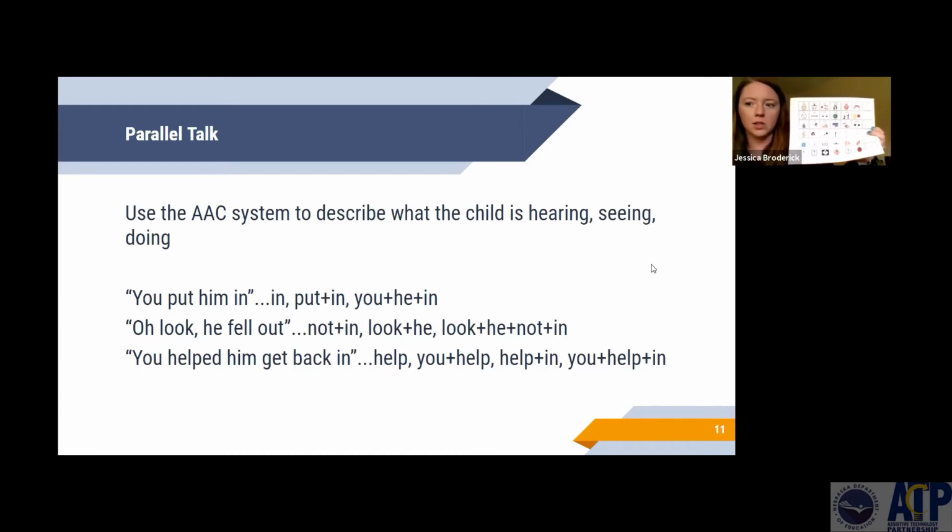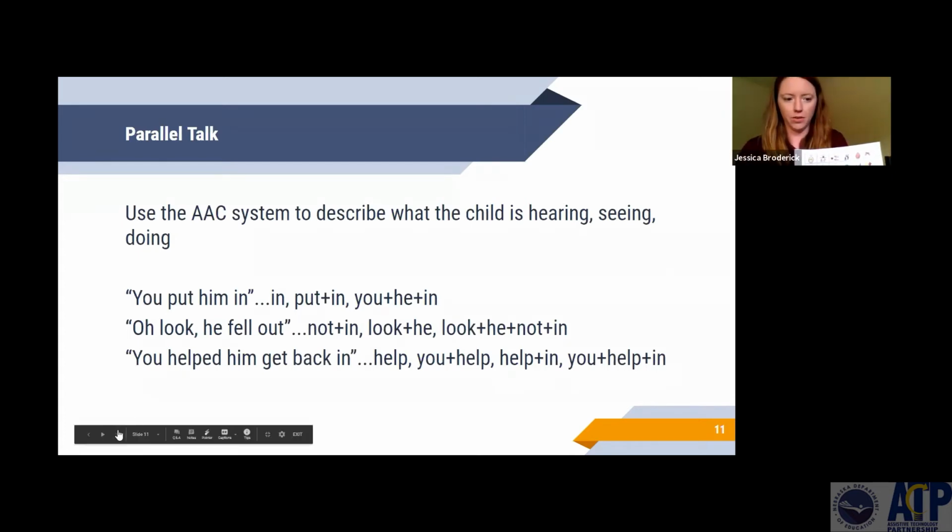And then, oh, you helped him get back in. So I might be modeling the word help during that time. Oh, you helped him get back in. You helped him get back in. Depending on the language level of your child, there are different ways to model different levels.